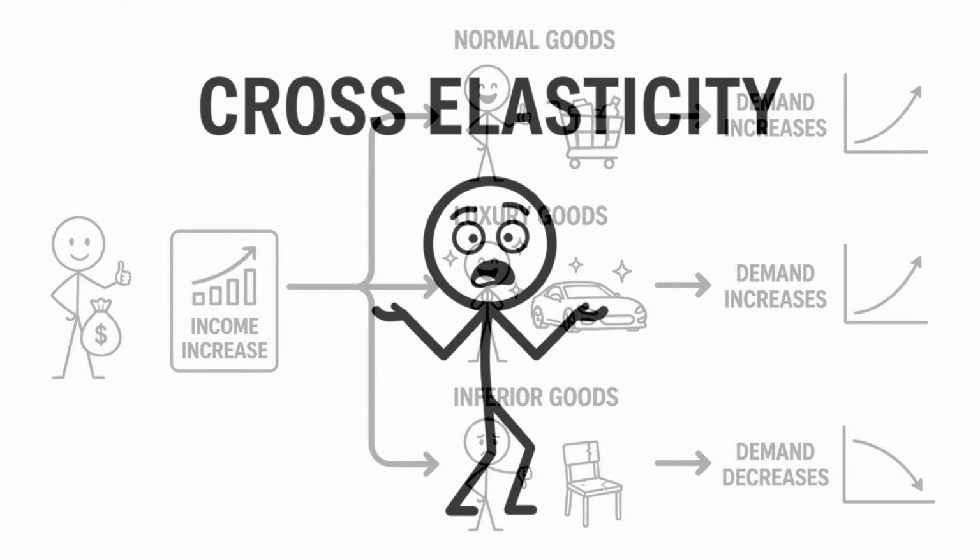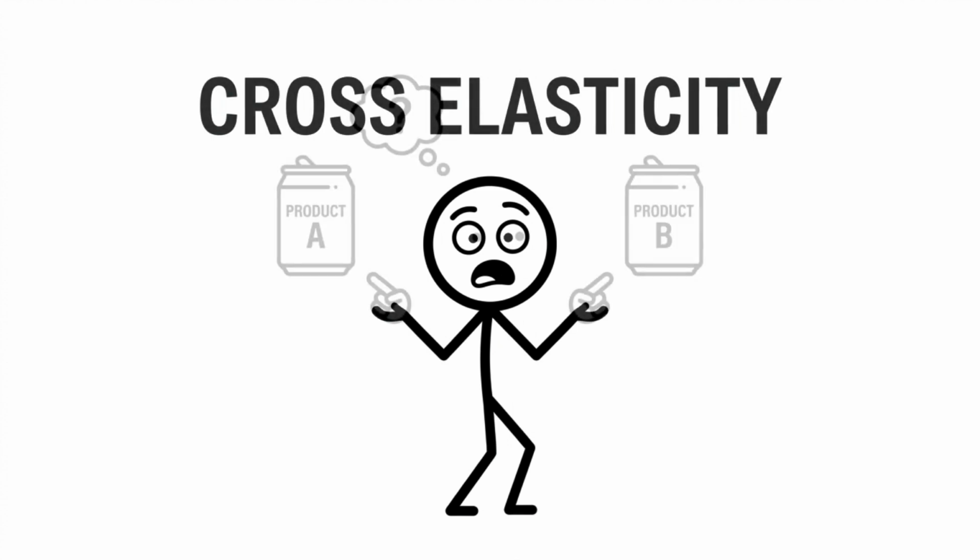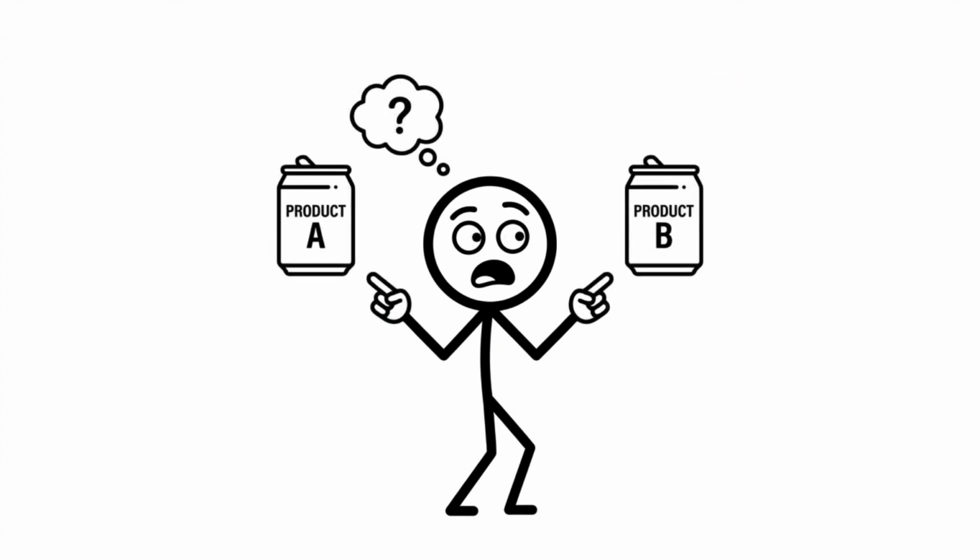Now let's understand cross-elasticity. Cross-elasticity measures how demand for one product changes when the price of another product changes. It is calculated as the percentage change in demand of one good divided by the percentage change in price of another good. If two goods are substitutes, when the price of one increases, demand for the other increases.